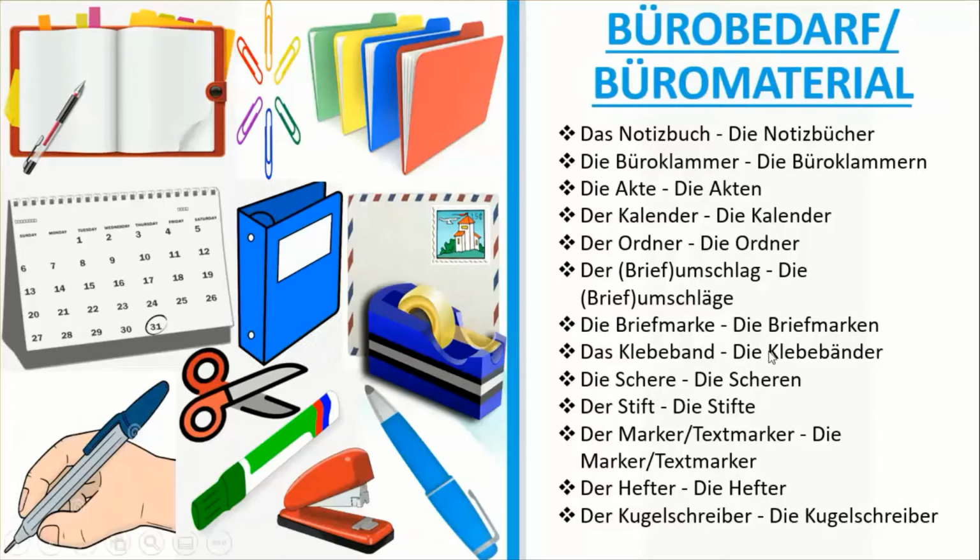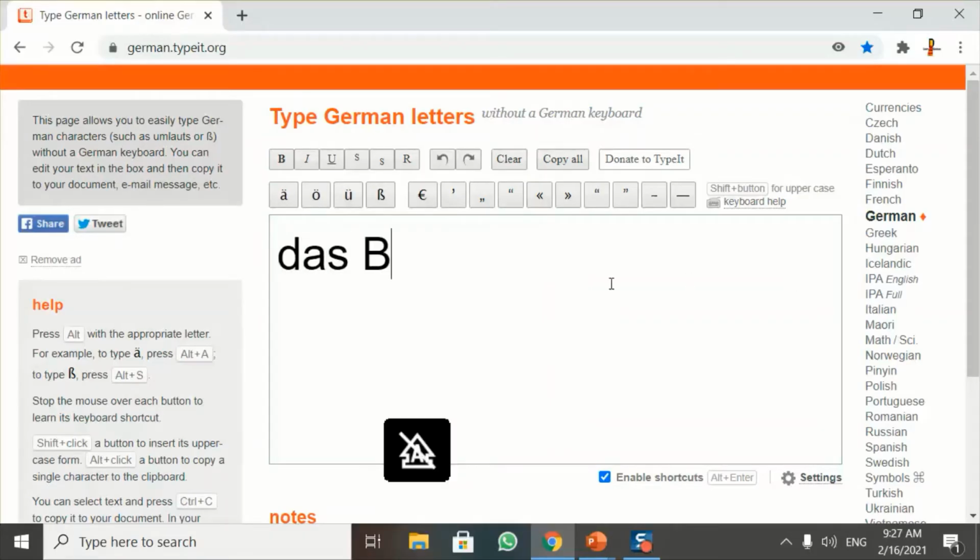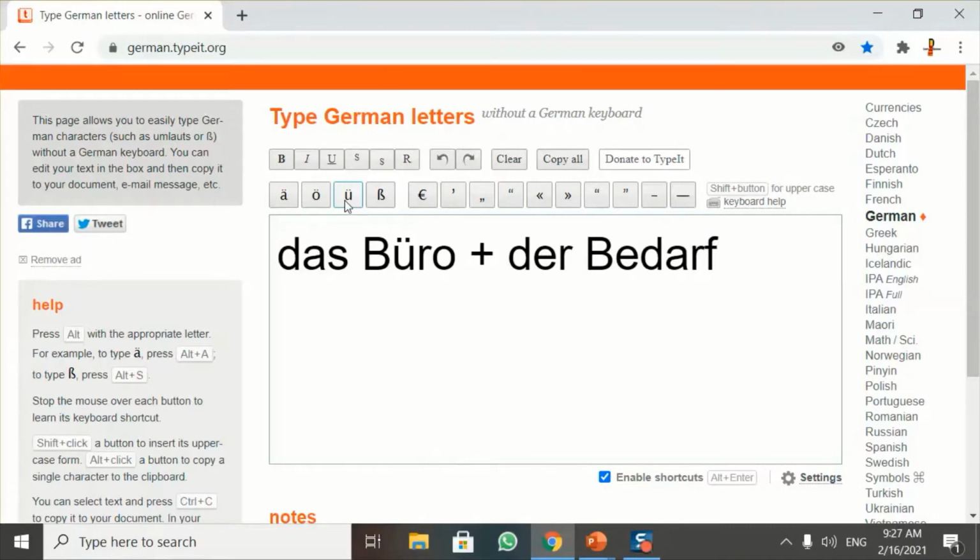Now, both these nouns are compound nouns which are made up of das Büro, which is the office, and der Bedarf. And Bedarf is the supply. So, office supply.